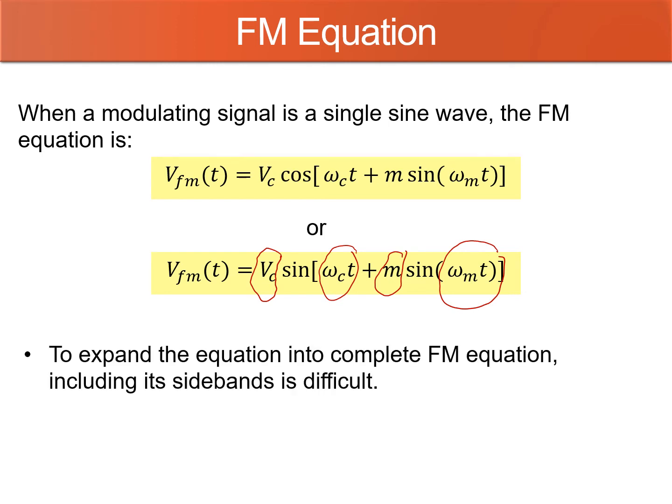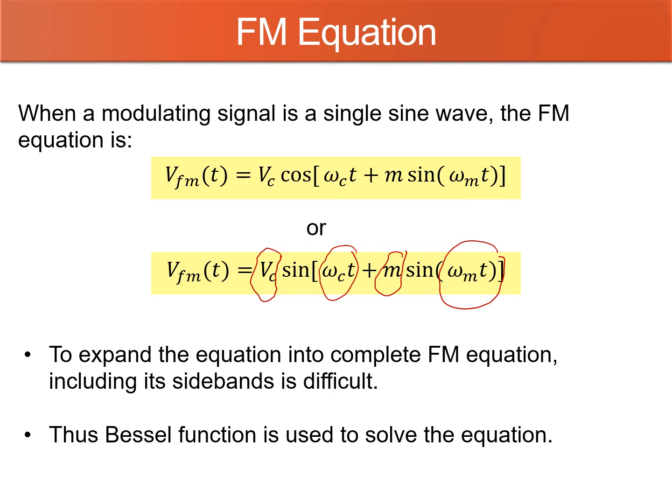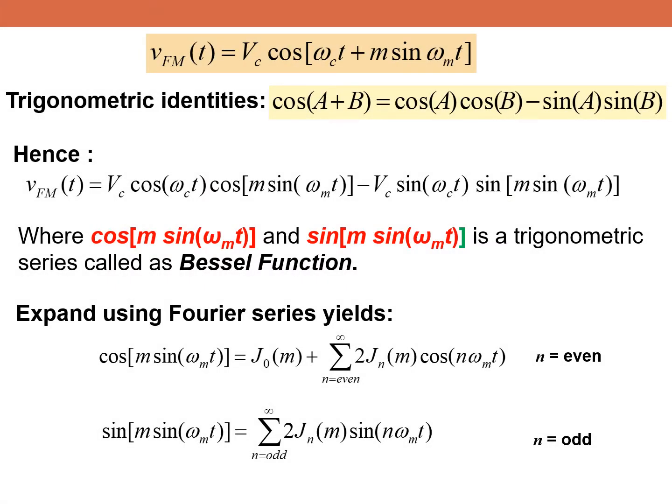To expand the equation into the complete FM equation, including each sideband, is difficult. But the Bessel function is used to solve the equation. So next I will show you. Let's take an example of this FM: FM equals Vc cos(omega_c t plus m sin omega_m t).